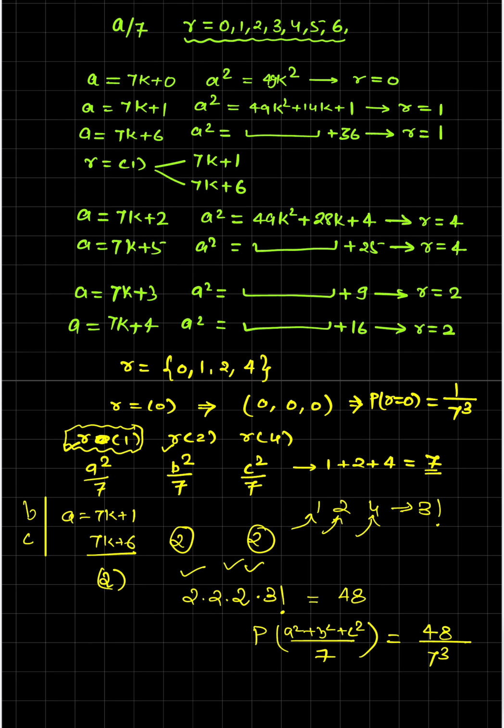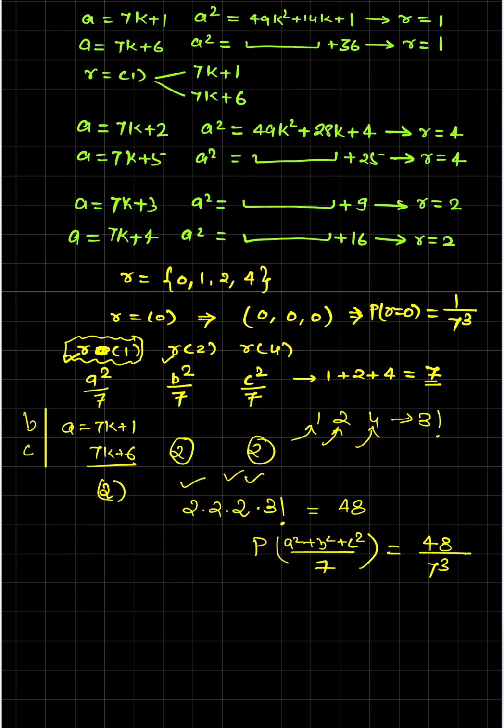So either a, b, c all have remainder 0, meaning a, b, c are all directly multiples of 7, or otherwise they are of this type 7k plus 1, 7k plus 6.